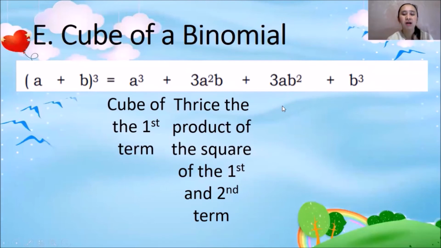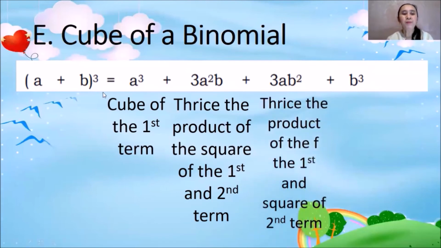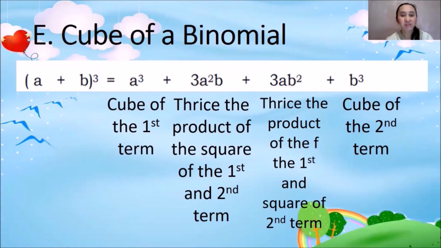For the third term of the cube of a binomial, we multiply by 3 the product of the first term and the square of the second term. What we square now is the second term. So 3 times a times b times b, so 3ab squared. And the last term we compute is the cube of the second term. b times b times b is b cube.